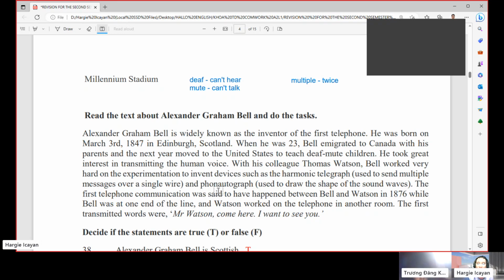Once again, harmonic telegraph. Yes. This is also a device used to draw the shape of the sound waves. Phonograph. Can you say that one more time? Phonograph.